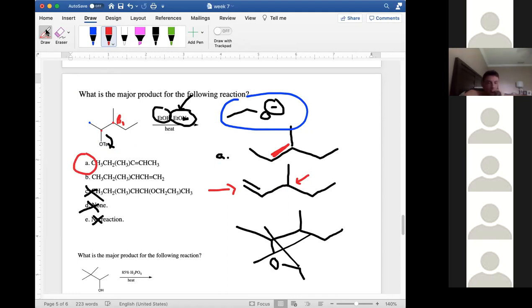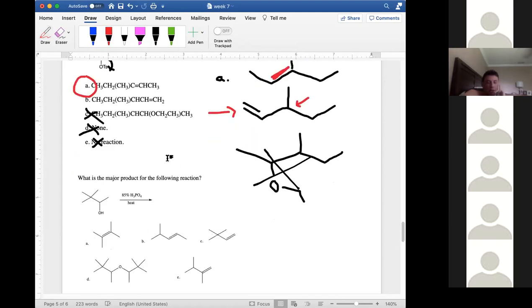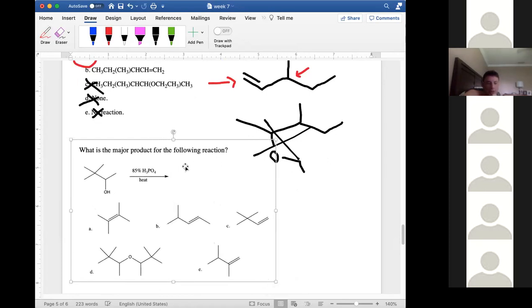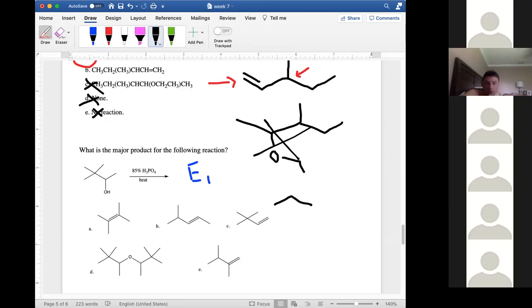All right. This is a rule of thumb I just want to give you guys. If you see H2SO4 or H3PO4 with an alcohol, it's almost always going to be an E1 mechanism. So it's a dehydration reaction, so that alcohol is going to leave and become some water somewhere.